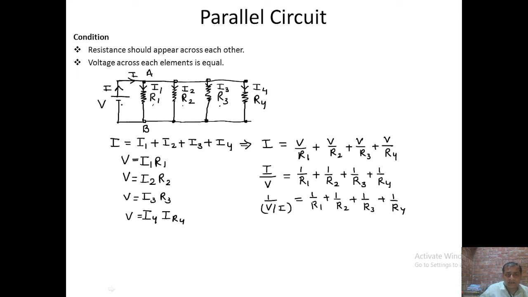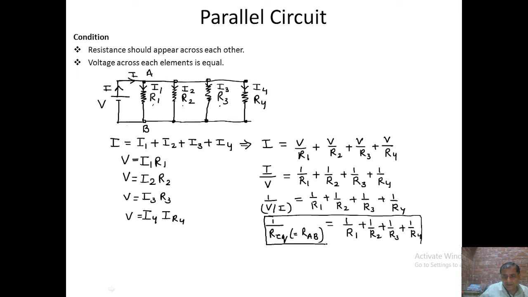So the ratio of V by I, volt upon ampere, is R. This R is the overall resistance across A to B. It is written as 1 upon R equivalent, or in other words RAB. RAB is equal to 1 upon R1 plus 1 upon R2 plus 1 upon R3 plus 1 upon R4. So the four resistors which are connected in parallel are measured in this way.